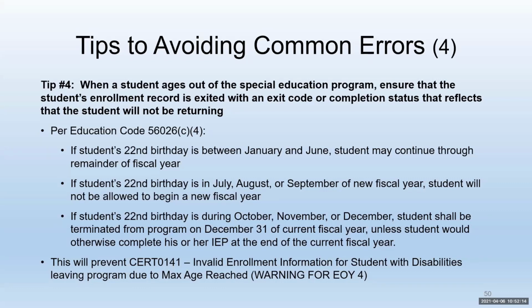As long as you are exiting students that are aging out of special education, you're also exiting their enrollment, and you're going to avoid CERT 141. So what I would do is go back into my system, take a look at any student who aged out of special education, and work with the CALPADS administrator to ensure their enrollment record reflects the fact that they will not be returning. They have to have an exit code that indicates they will not be returning.